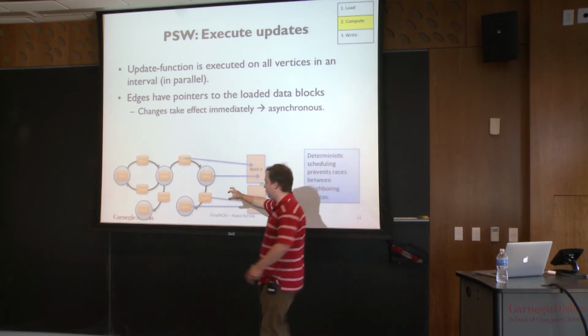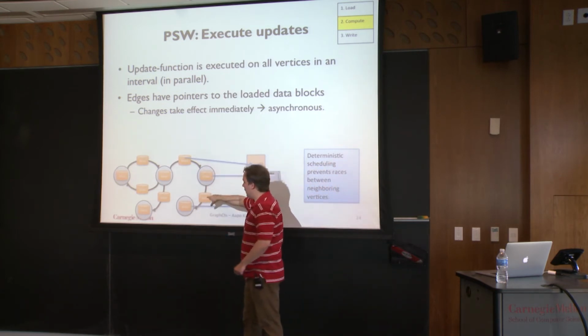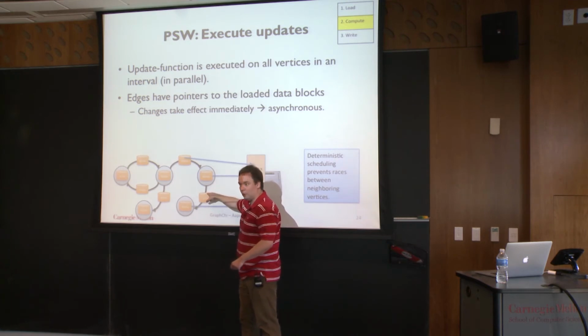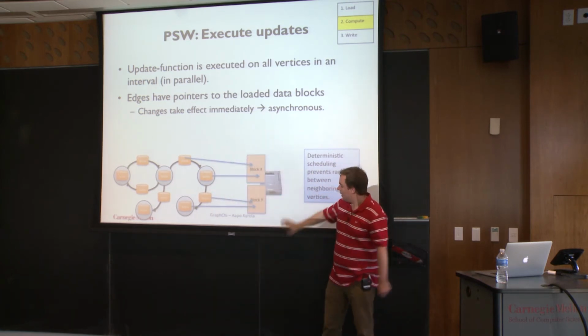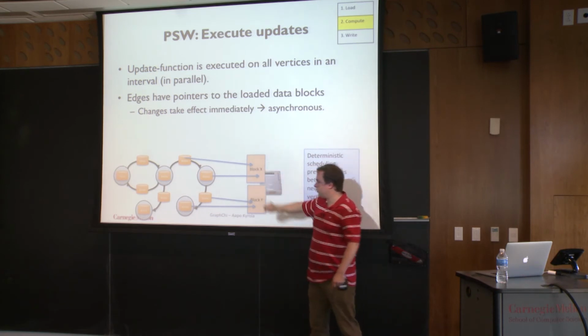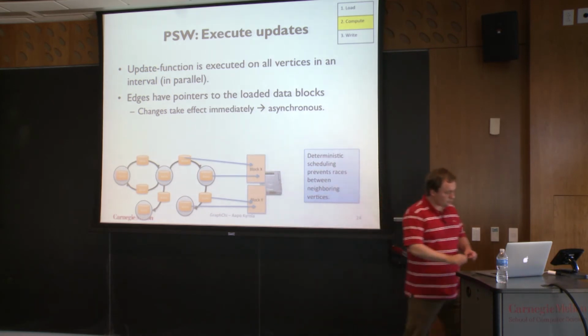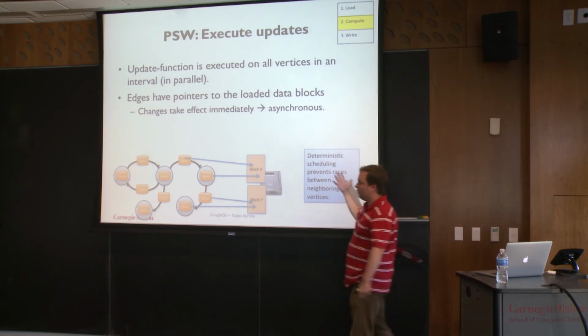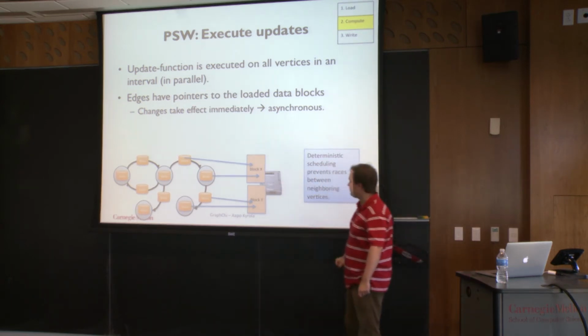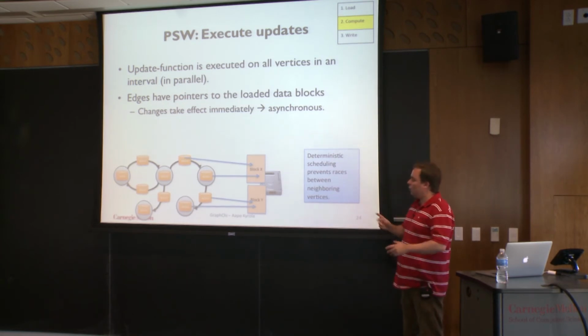So if we have neighboring vertices loaded into memory, their edge objects will point to the same address in memory. And these are big blocks loaded from disk. And this will make it easy for us to write this back to the disk.